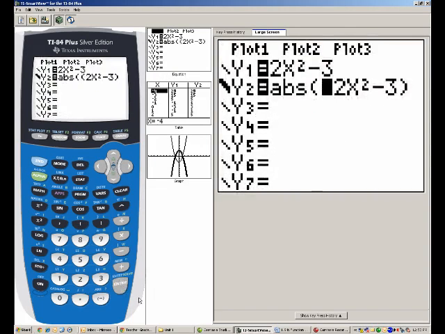If you have one of the newer calculators, you might have 2 lines that came up, the absolute value symbol. Okay? If so, you want to type in between those 2 lines. If you have one of the older operating systems like mine, you'll just see the ABS come up, okay? And you'll just want to type in your function in there. All right.